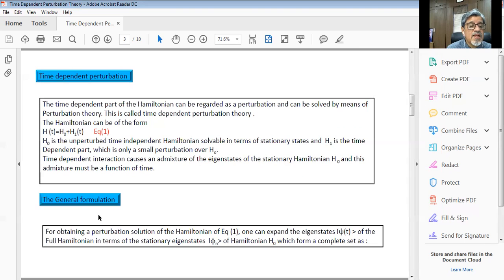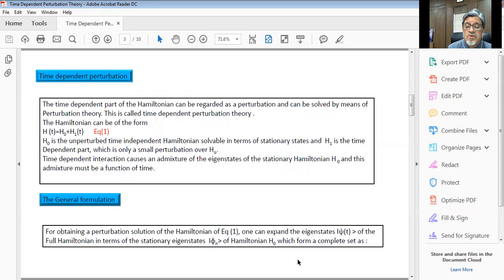Now, the general formulation for obtaining a perturbation solution of the Hamiltonian of equation 1. One can expand the eigenstates ket psi(t) of the full Hamiltonian in terms of the stationary eigenstates ket phi n. So ket phi n is the stationary eigenstate which does not change with time, and that is of the time-independent Hamiltonian H0.